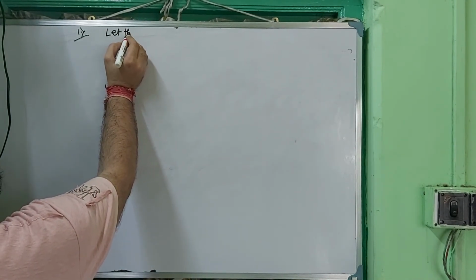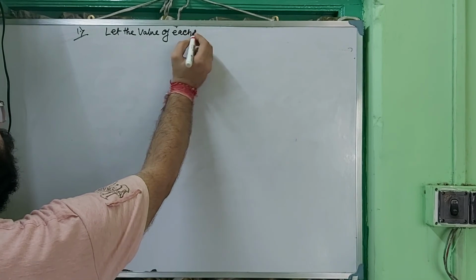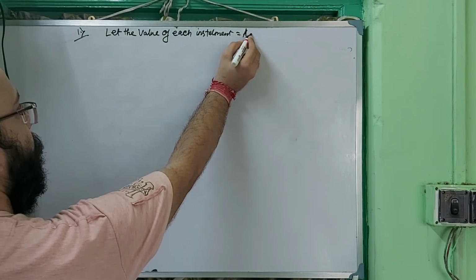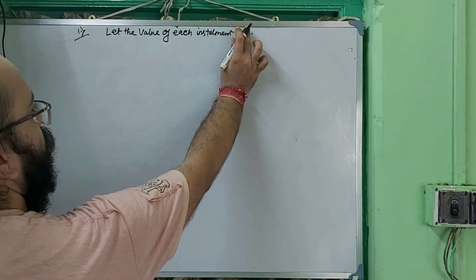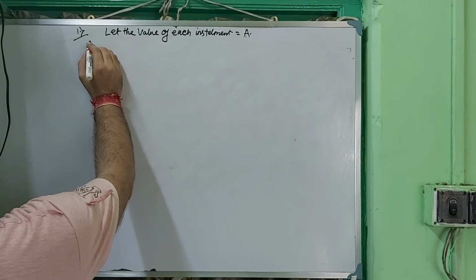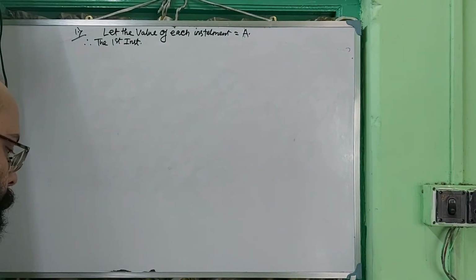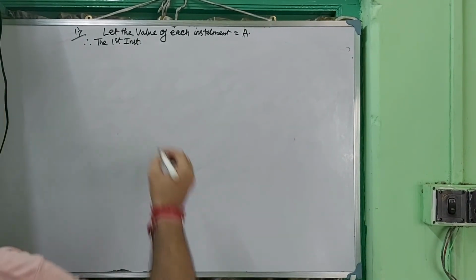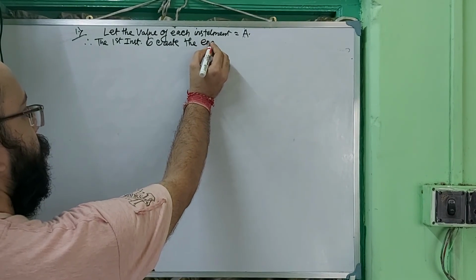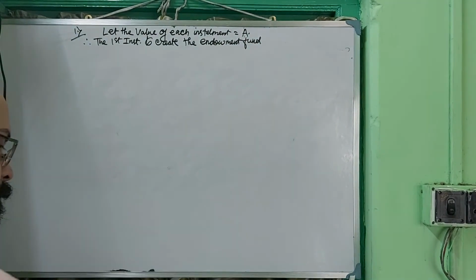Let the value of each installment be A. Okay, we are considering it as A. Therefore, the first installment to create the endowment fund is paid immediately.